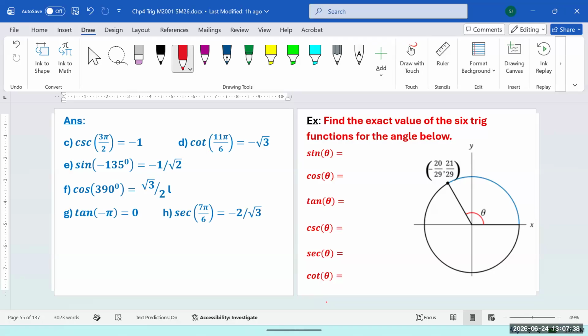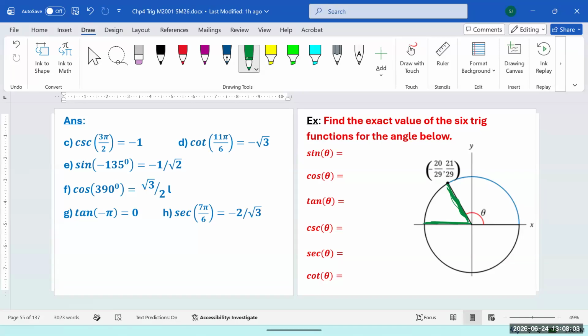We're going to follow the same rule we did so far. What's the reference angle for this one? The reference angle must lie here, right? From here to here, right? These are reference angles for the given angle theta.